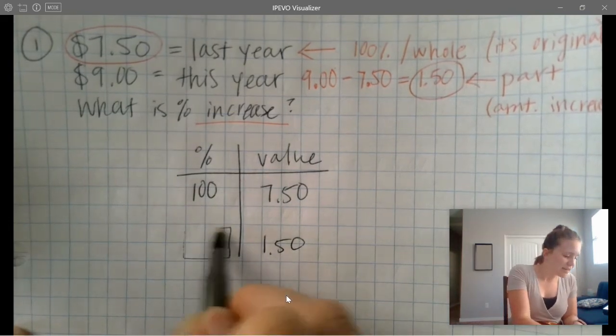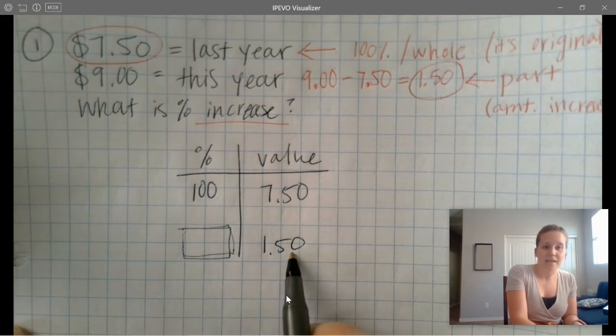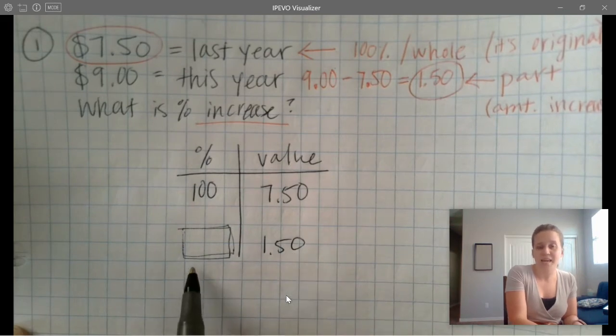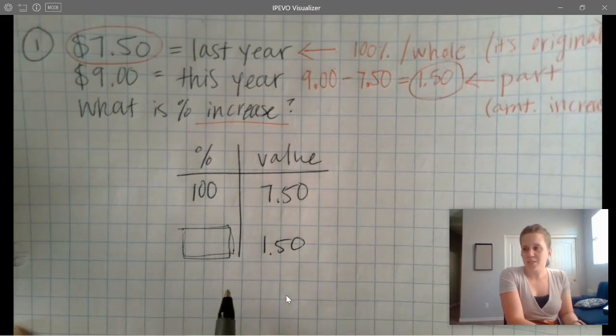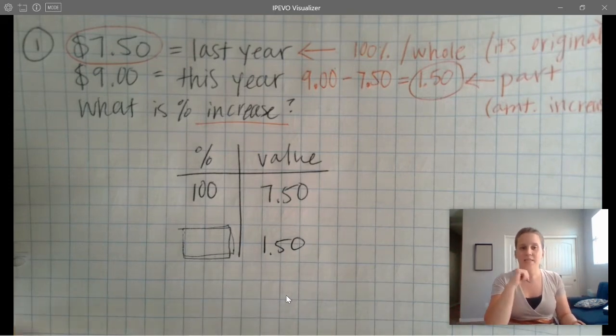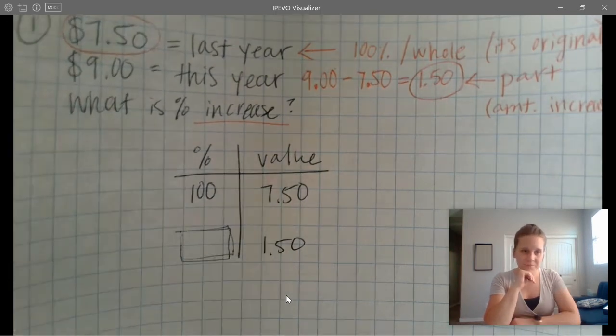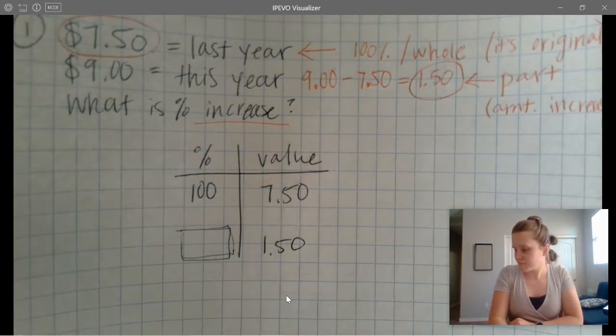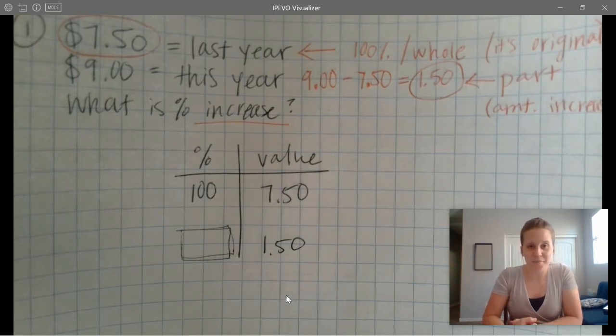Whatever I get here, the percent that represents the increase in price will be my answer. So now I just need to use any ratio table strategy in order to solve for this missing value. Take 30 seconds, see if you can figure out that missing value now. It's okay to use a calculator, so if you want to pop open another tab to get your calculator, please do that.